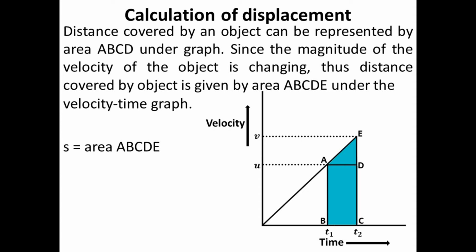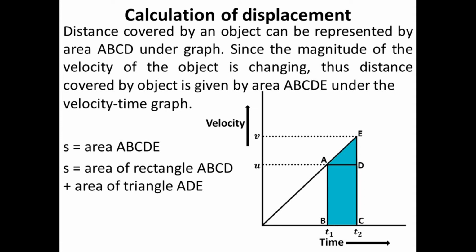Now area ABCDE is the sum of area of rectangle ABCD and area of triangle ADE.